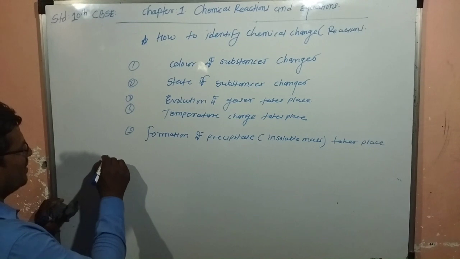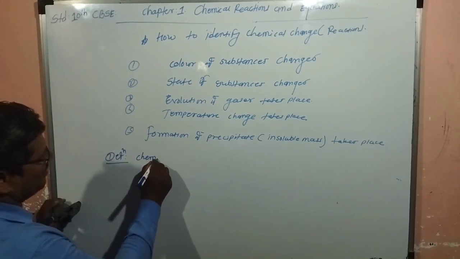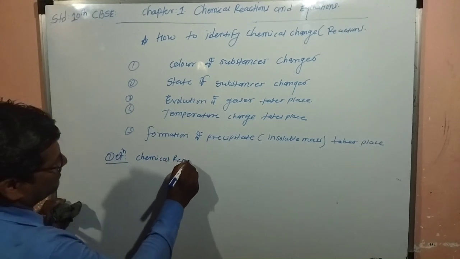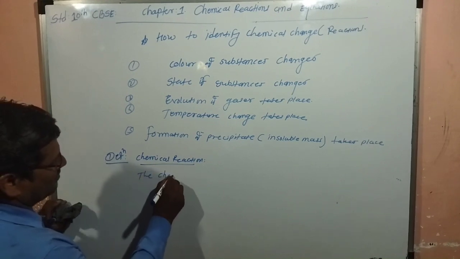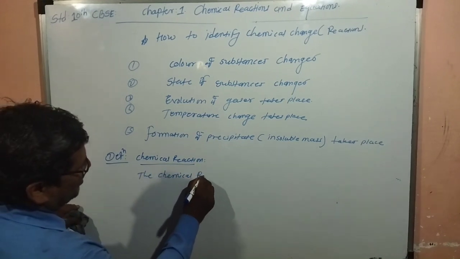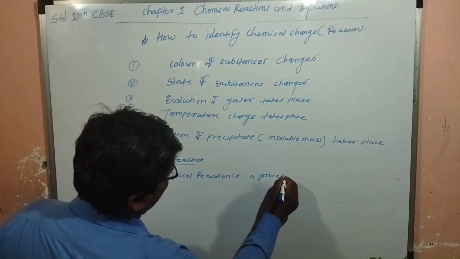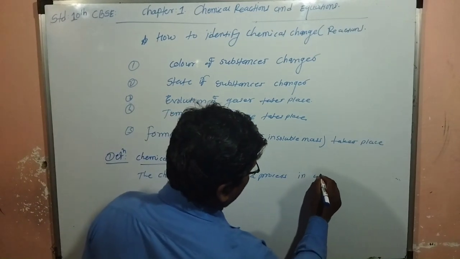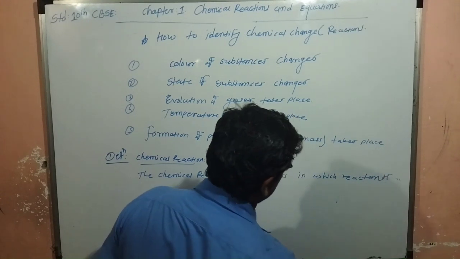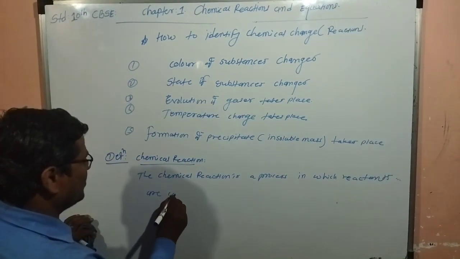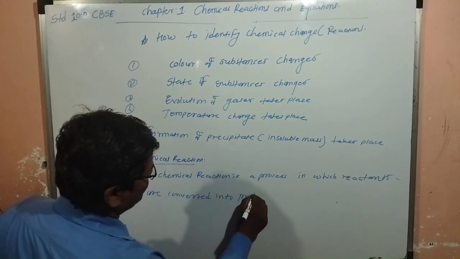So the definition of chemical reaction: a chemical reaction is a process in which reactants are converted into products.